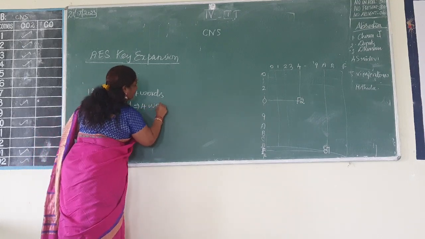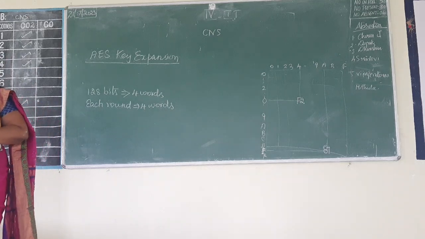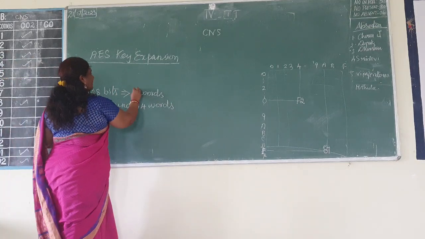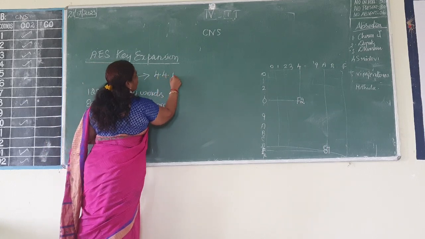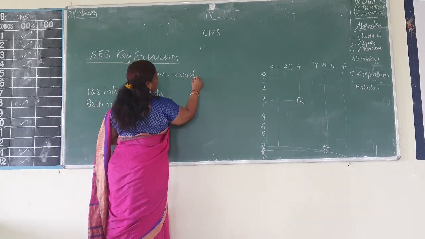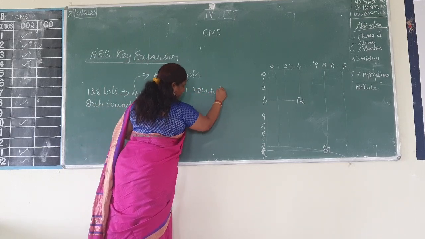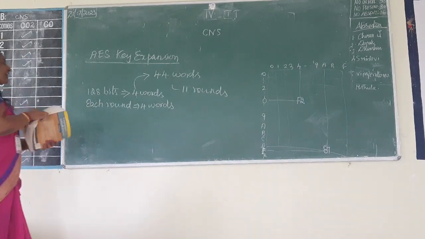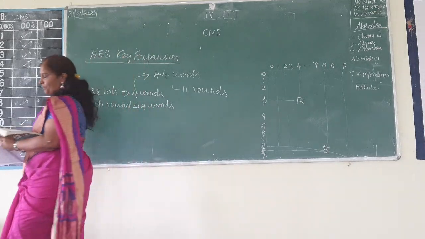I have only 4 words of key, but with this key I have to process the entire plain text throughout 11 rounds. That is where I require the expansion. These 4 words will be expanded as 44 words, because there will be 11 rounds in total. Clear? That we will see now.